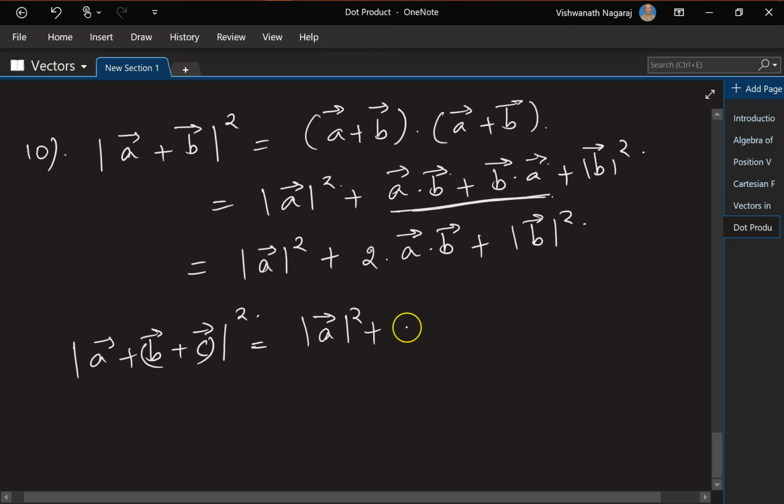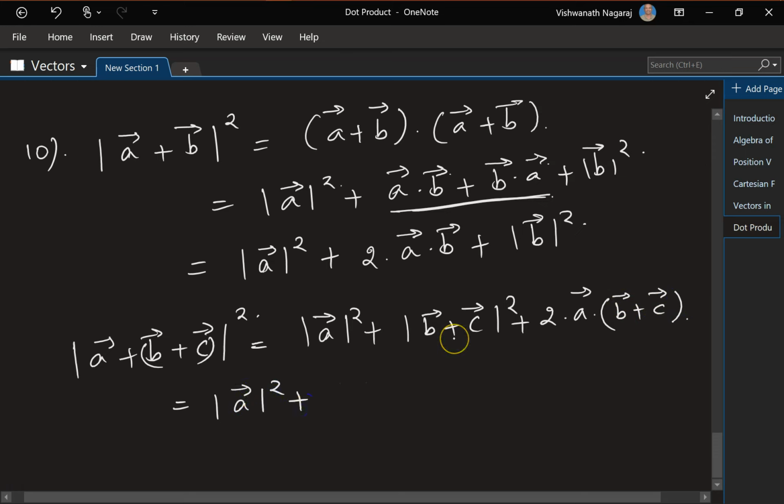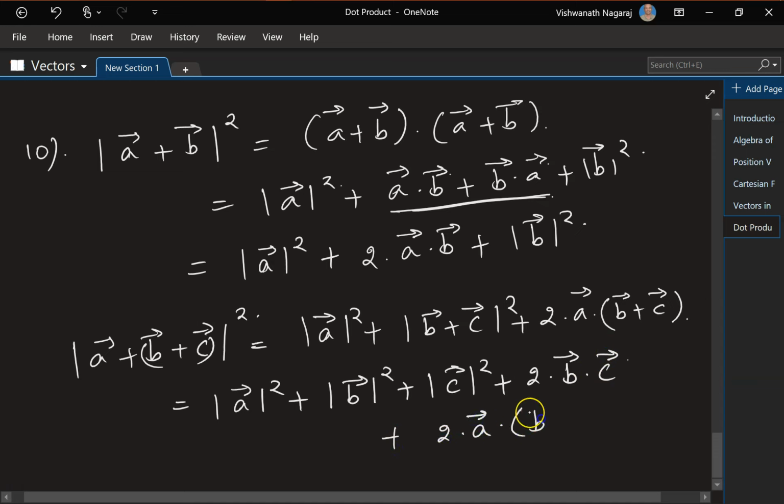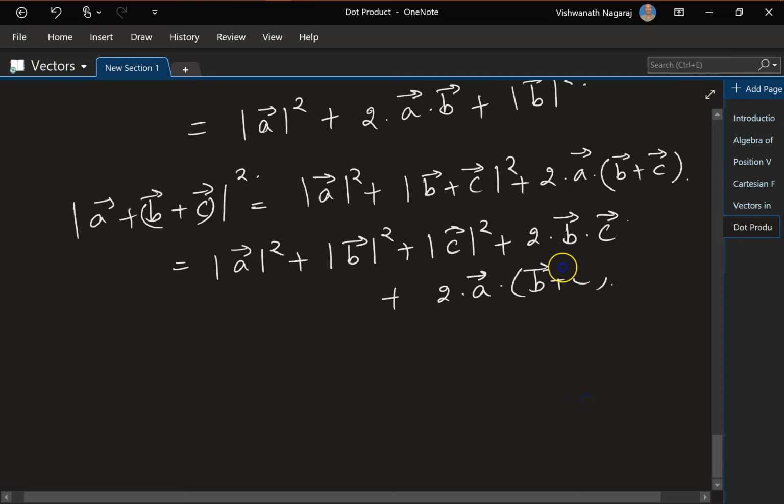Magnitude of A square plus magnitude of B plus C square plus 2 times vector A dot vector B plus vector C. Again, previously we have seen that magnitude of B plus C square is magnitude of B square plus magnitude of C square plus 2 times B dot C, plus 2 times vector A dot B plus C, and we can distribute it.